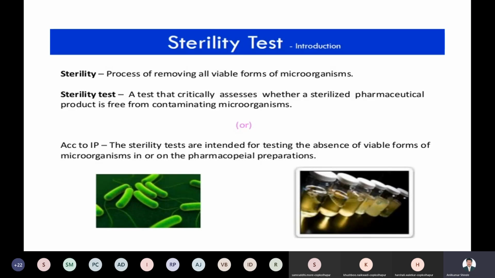Or gamma radiation, different radiations can be used for the same purpose, or you can use filtration. Different radiations, that is UV radiation, gamma radiation, IR radiation: we pass the material through the zone of radiation, which kills the bacteria and avoids the problem.